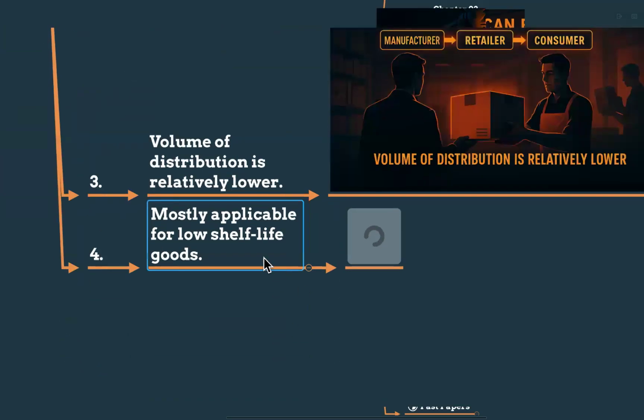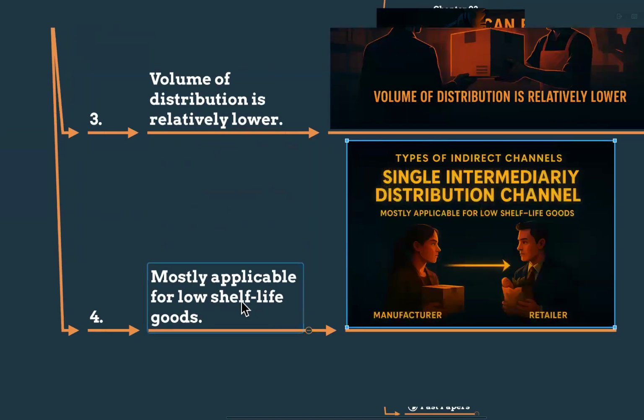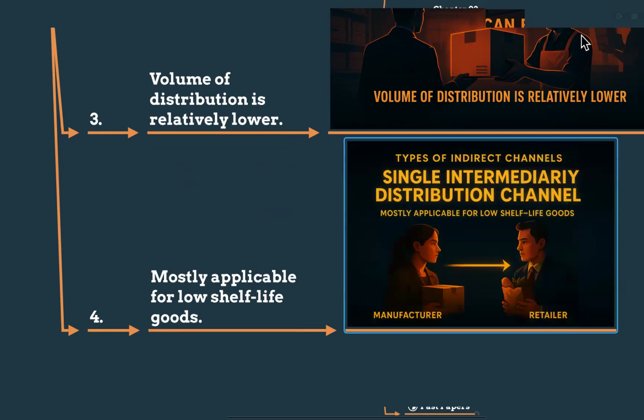And it is mostly applicable for low shelf life goods. Low shelf life goods means we cannot keep those goods for a month, like perishable goods, right? The products spoil very quickly, so it needs faster movement, like bakery products to shops.